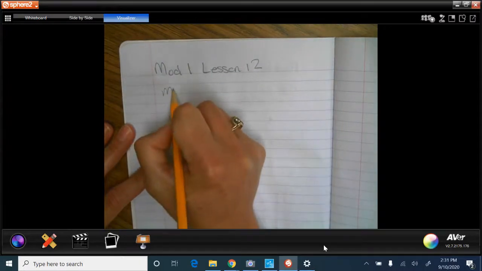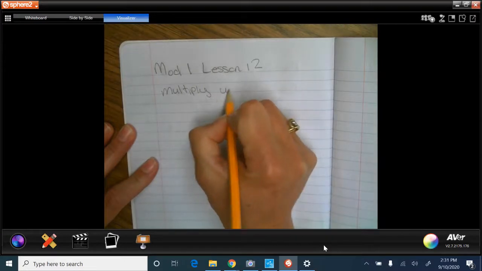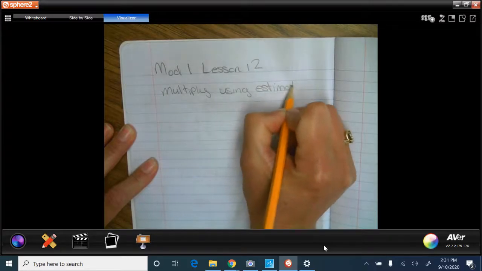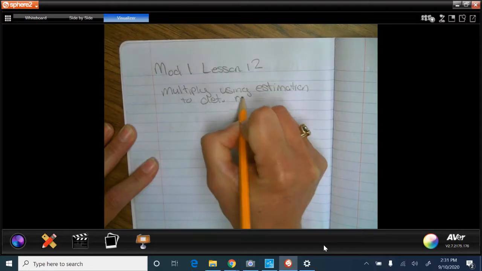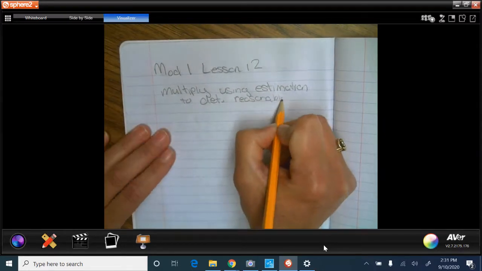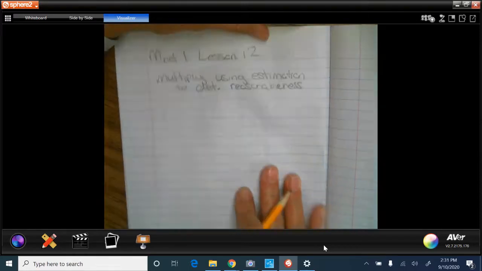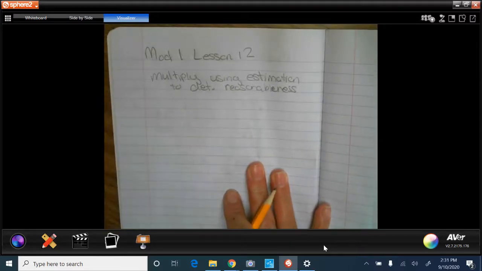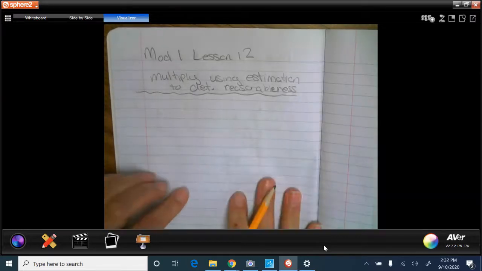It's multiplying using estimation to determine reasonableness, which sounds kind of crazy, but basically it's saving you time in math because it's going to get your brain to start thinking about whether or not it's even reasonable to get the answer that you're getting.